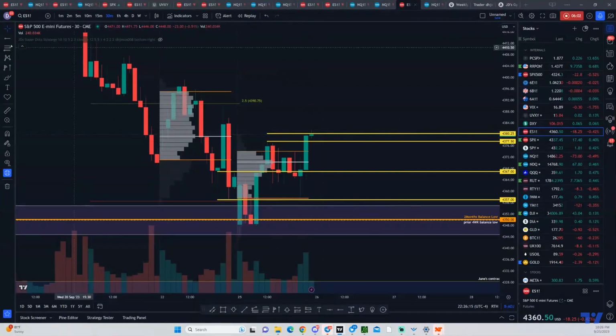If we were to open right around here, let's just say somewhere around here, then we're opening above the spike. In this case, the spike would be considered support. If we were to open somewhere over here, then it would be considered resistance.